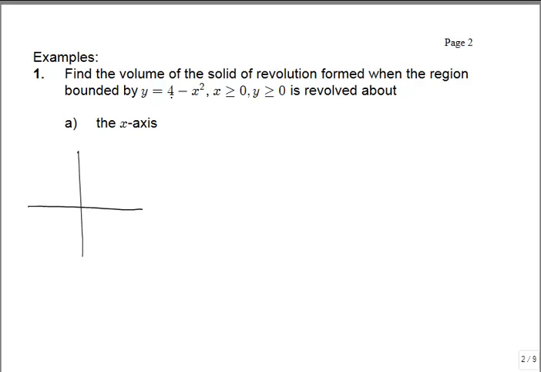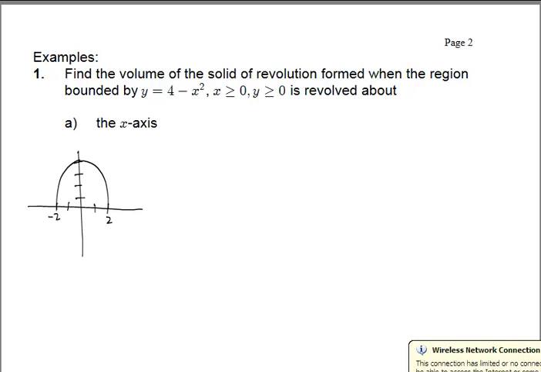So this is just a parabola that hits at 4 on the y-axis and goes down. And it's hitting on the x-axis wherever y is 0. If you let y be 0 and solve that equation, you'll see that x would be plus 2 or minus 2. So this is hitting at 2 and minus 2.